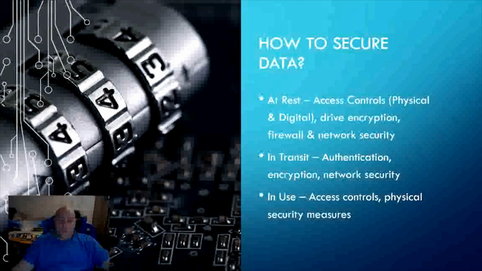While it's in use, again, it goes back to the stuff that's at rest. Access controls, physical security measures, making sure that the people who don't need to access it are not able to. So, again, we talked about role-based and rule-based access control. But it could also be as simple as, do you have the right level of security clearance?